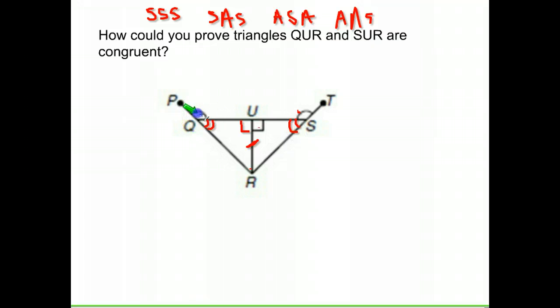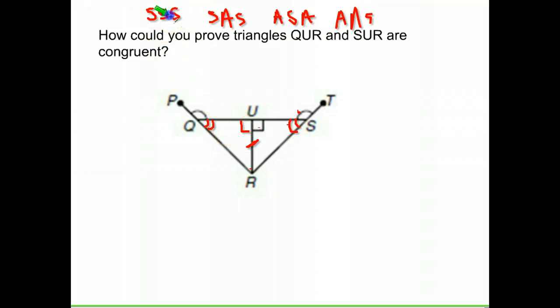Think about it. If this was 120, this would have to be 60 to make 180. And if this is 120, this is 120, and that would have to be 60 also. So whatever these are, they form a linear pair with these. That makes them congruent. Now, do I have enough for any of my postulates? Now I have in this triangle an angle and a side.